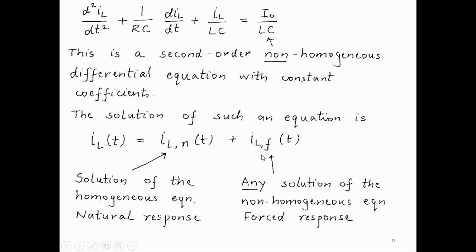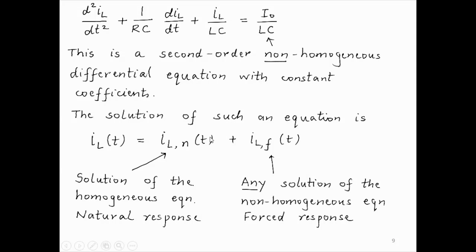If I write only one solution of this differential equation, then that will not give me the complete picture of how a current or voltage varies in a circuit, or for that matter any quantity that satisfies this differential equation. Of course, second order differential equations are extremely common in a large number of natural systems, as you must have seen in the mathematics course, or you will see this semester, I think.